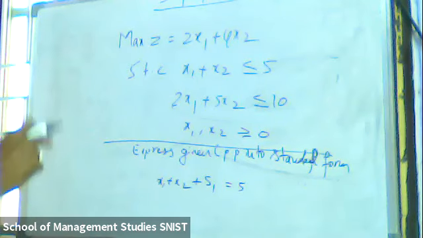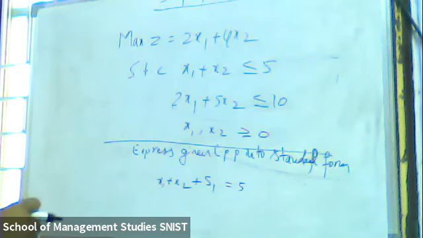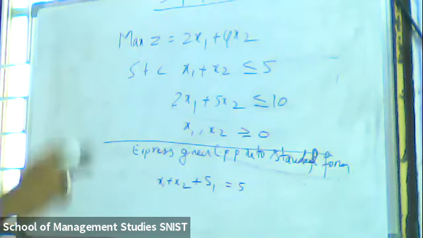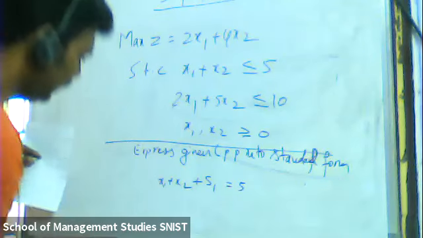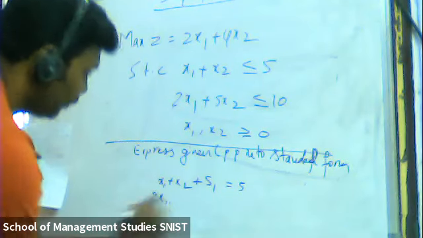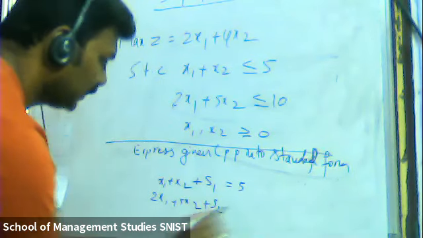Because it is an unequal form, to make it equal we added plus s1. What is this s1? Slack variable. Exactly, good. Now the second constraint: 2x1 plus 5x2 plus s2 equals 10.